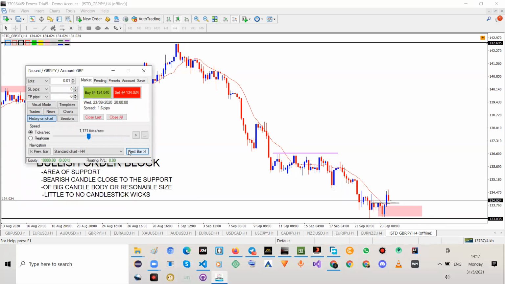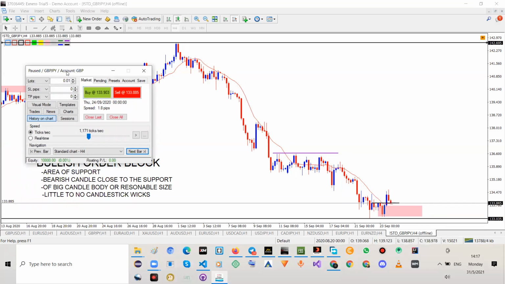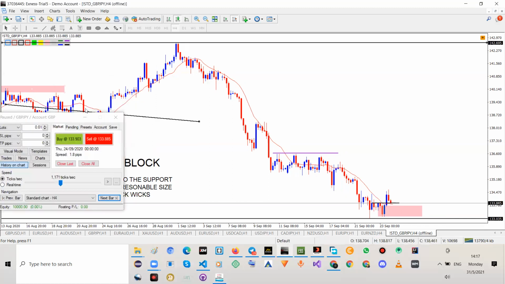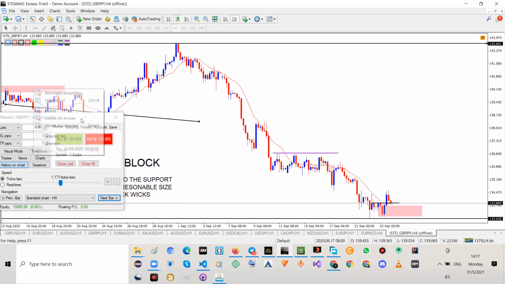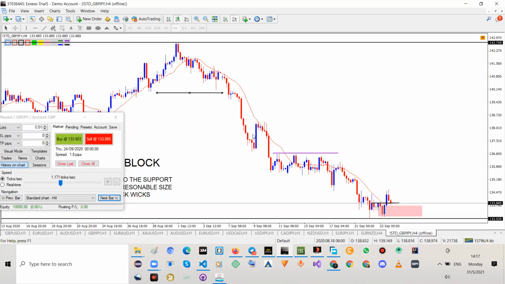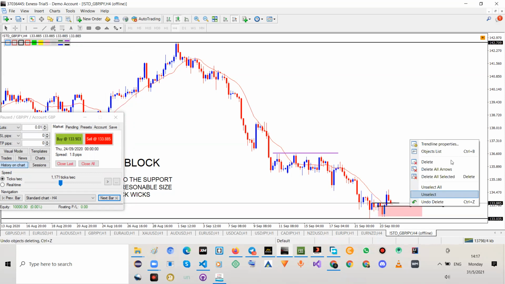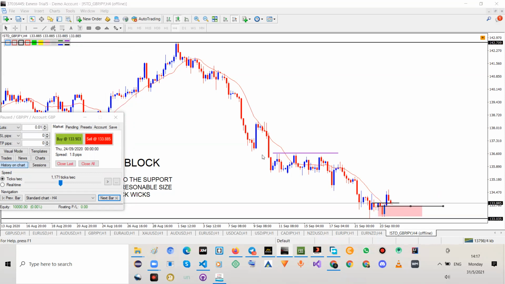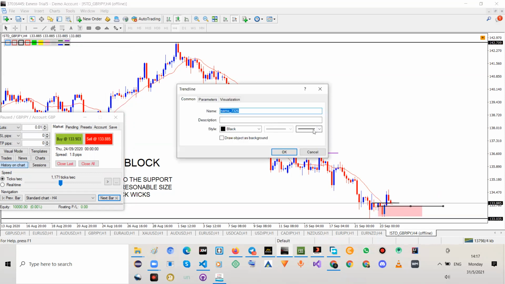So next up, we're now looking for us to take the trade. So the trade, we expect it to be taken from that area right there.